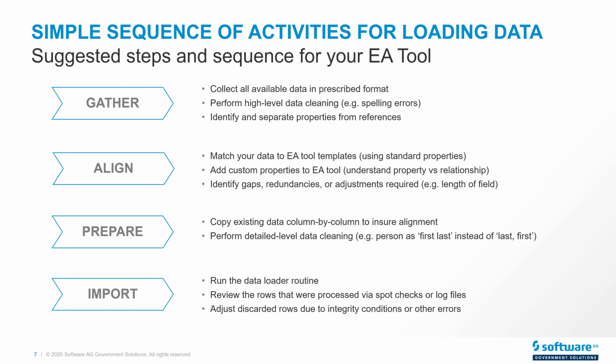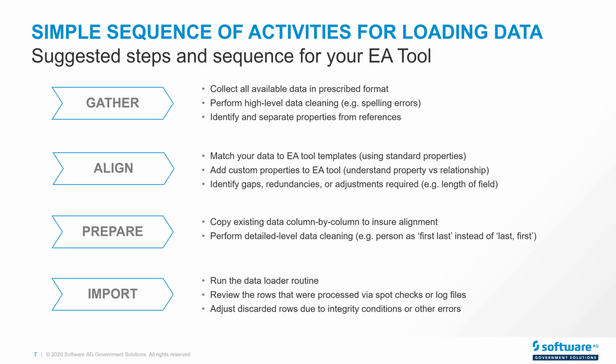And then the last step in this sequence is to actually run the importer or the data loader. It's not uncommon that some rows in your data source will get rejected. It could be for an invalid data character, it could be for a field length that's too long, or for some other reason.